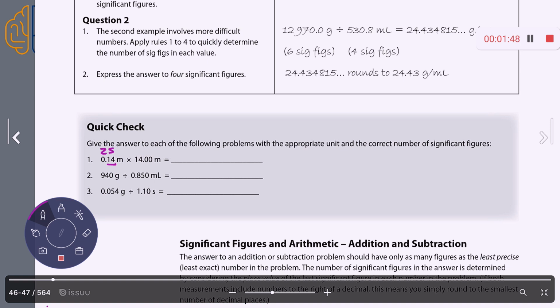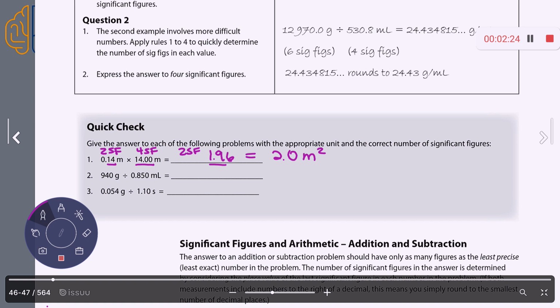And then for the next one, 14.00, how many sig figs? 4, because the trailing zeros count because there's a decimal somewhere. So that means in my answer, I would need to have 2 significant figures. You're going to take 0.14 times 14. You're going to get 1.96. What would this be if I wanted it as 2 sig figs? 2.0, and then my unit would be meters squared.